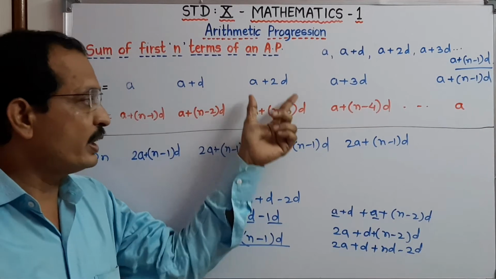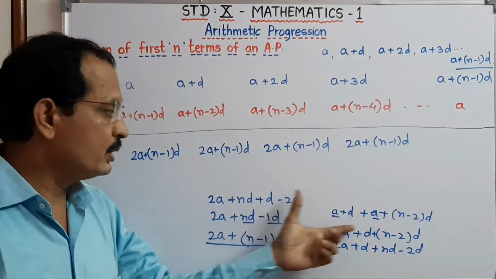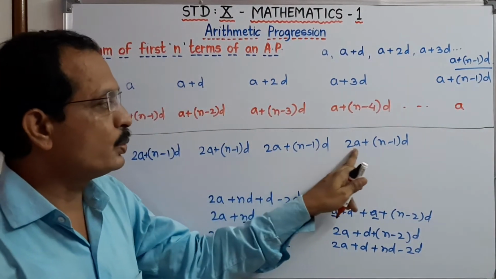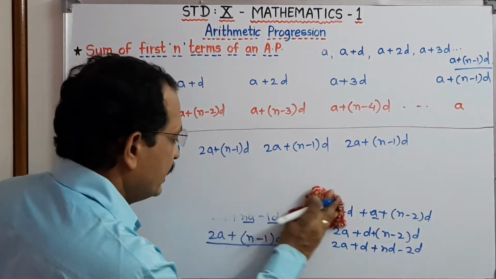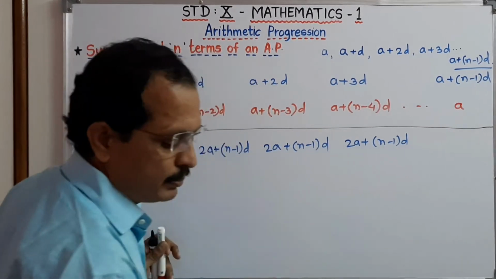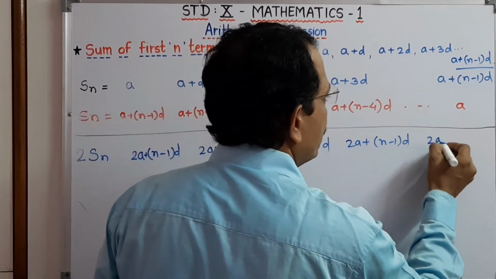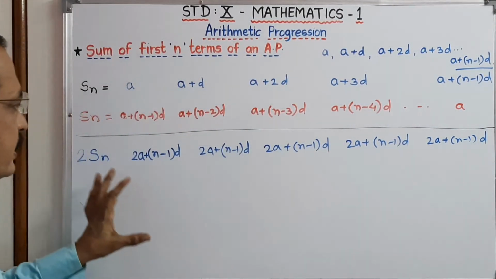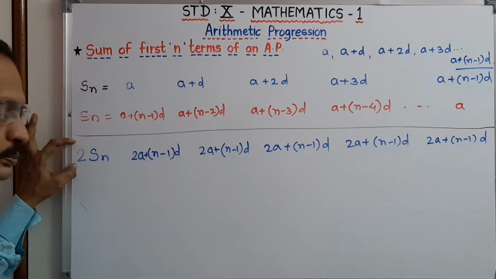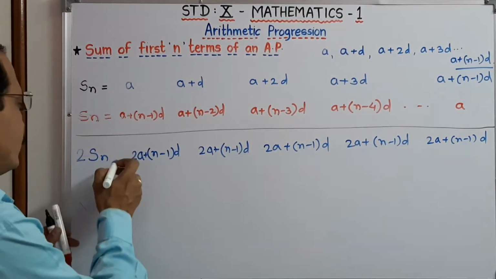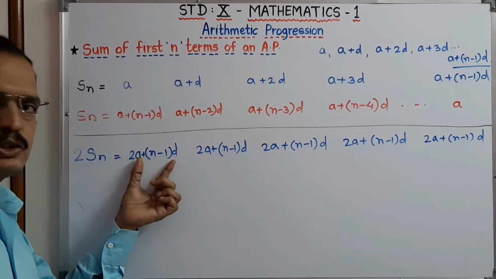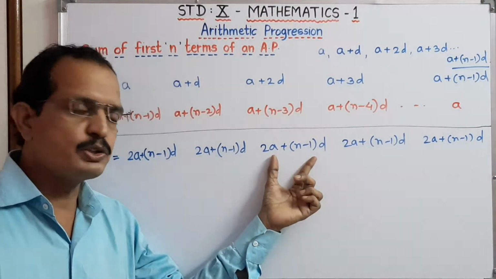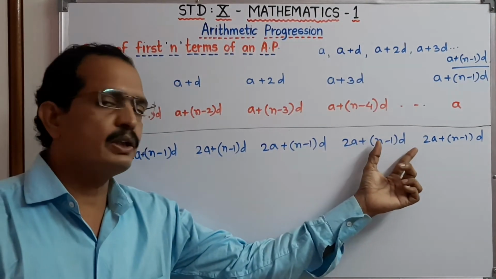You can verify this by doing the sum like this. Every time it will be the same, 2a plus n minus 1 into d. Now see here, dear student, 2Sn is equal to 2a plus n minus 1 into d, plus 2a plus n minus 1 into d, plus 2a plus n minus 1 into d, and so on.